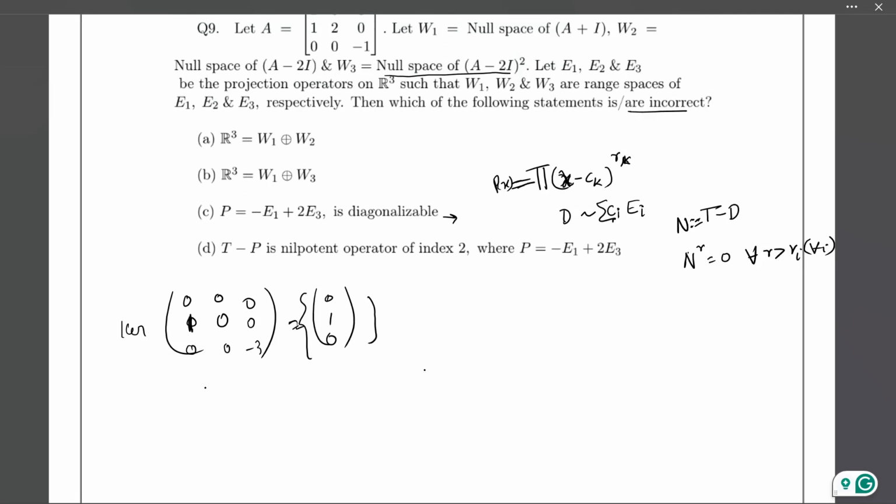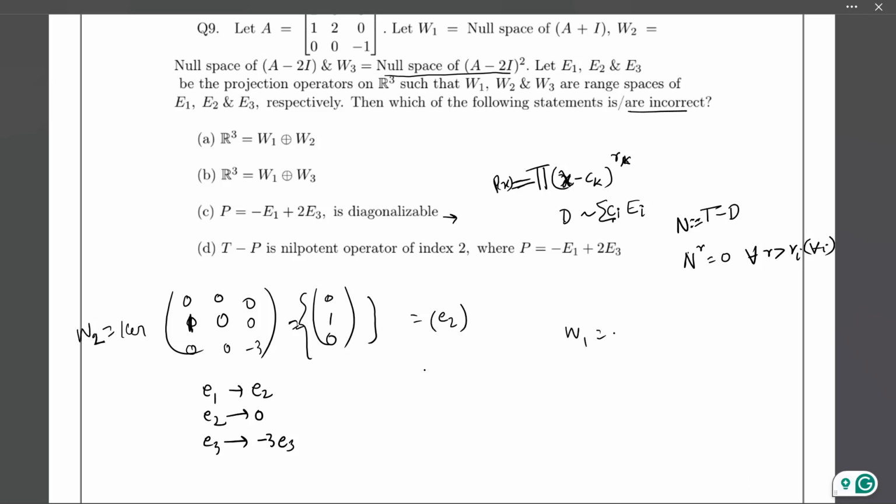Looking at this, you see E1 goes to E2, E2 goes to 0, and E3 goes to minus 3 E3. So the kernel is generated by just E2. So this was for W2, with A minus 2I.